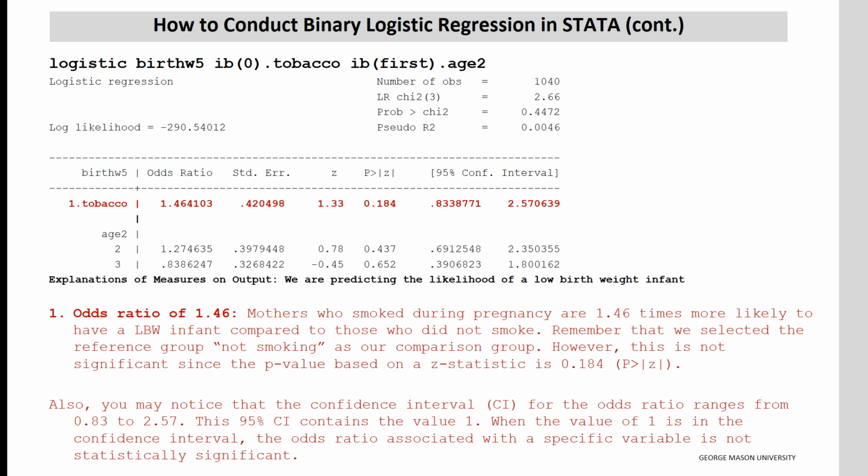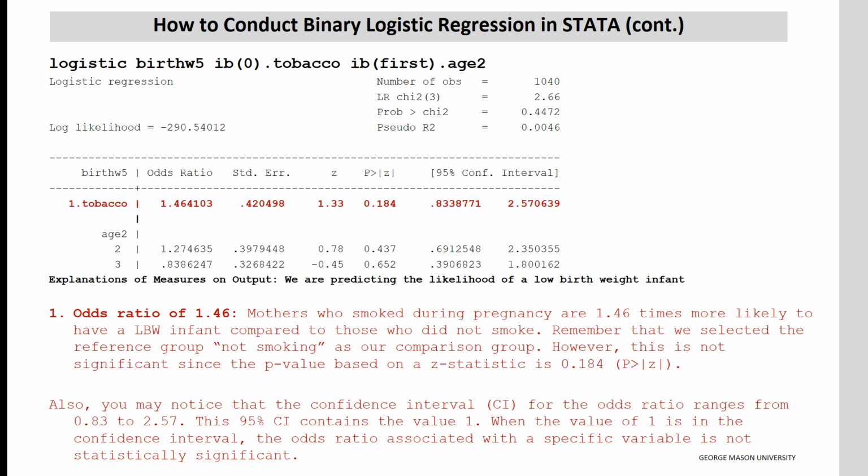Now again, this is not as significant since the p-value based on the z statistic that STATA is using is 0.184, which is larger than our level of significance at 0.05. Also, you may notice that the confidence interval associated with the specific odds ratio ranges from 0.83 to 2.57.